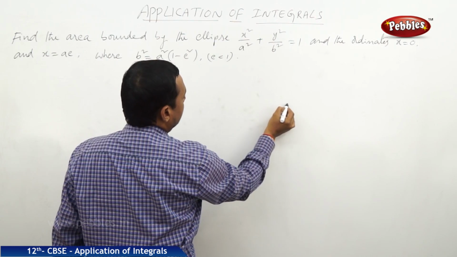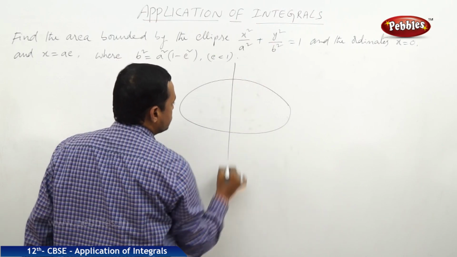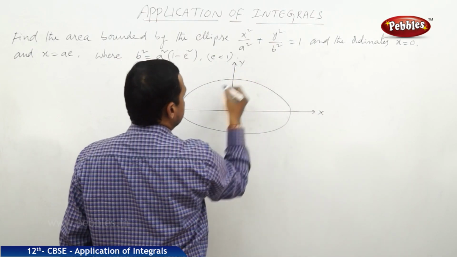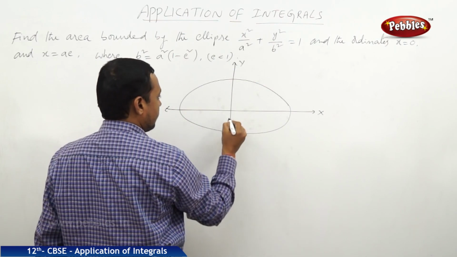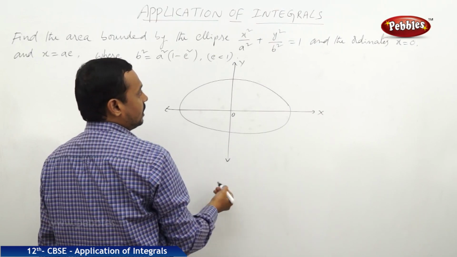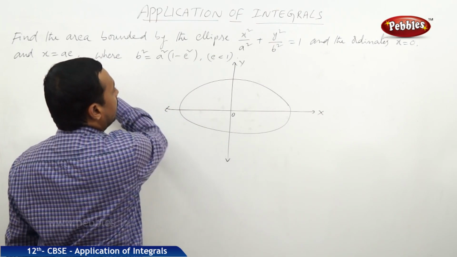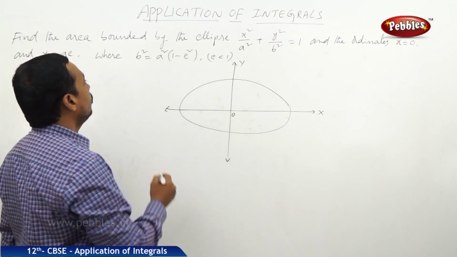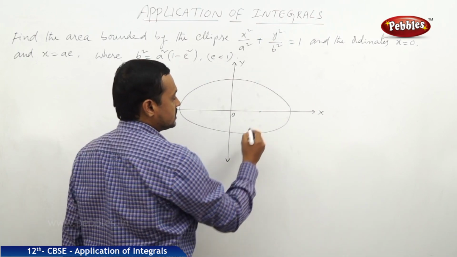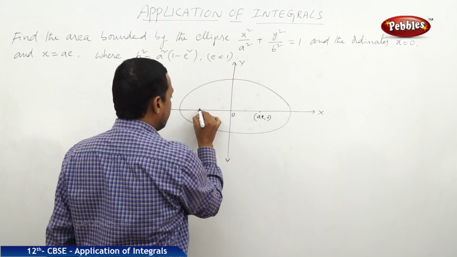Therefore, the ellipse whose center is at origin, so let it be x-axis, y-axis, negative x-axis on origin. x is equal to 0 means nothing but the y-axis, and another ordinate is x is equal to a. You know, the foci of the ellipse are ae comma 0 and minus ae comma 0.